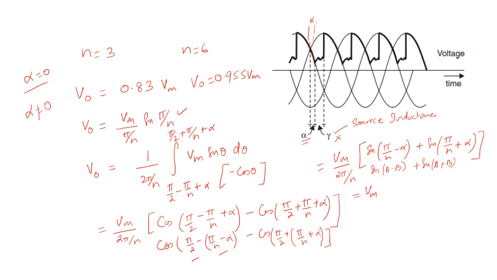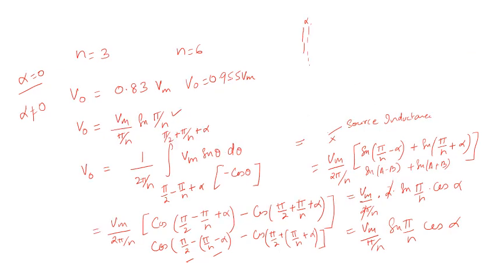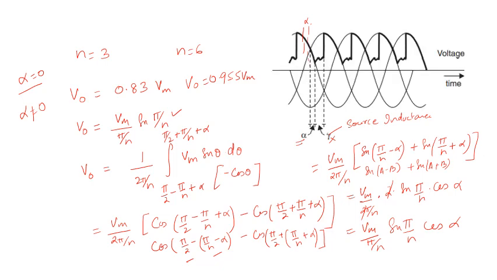So put the values there. Once you put the values, you will get this formula: Vm upon pi n sine pi by n cos alpha.